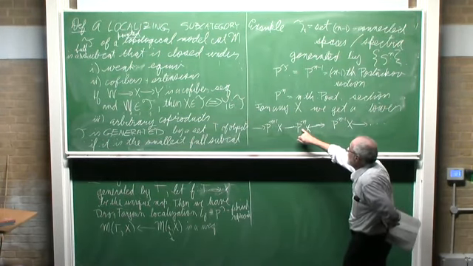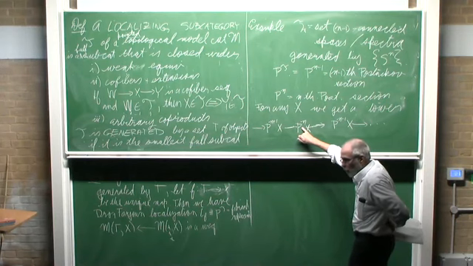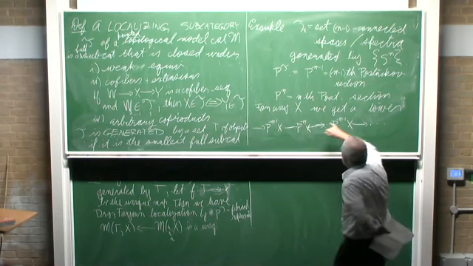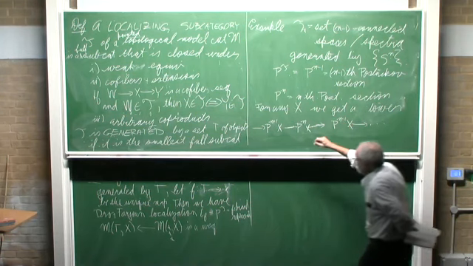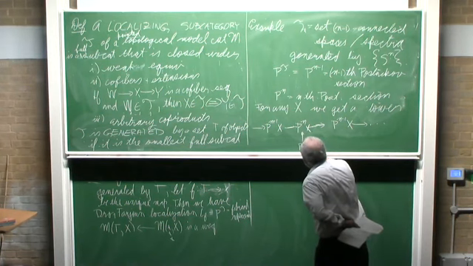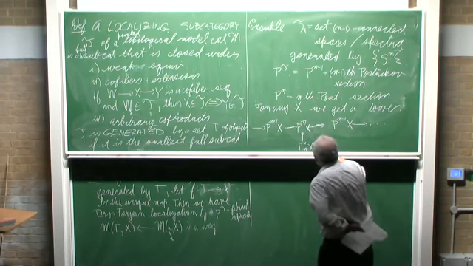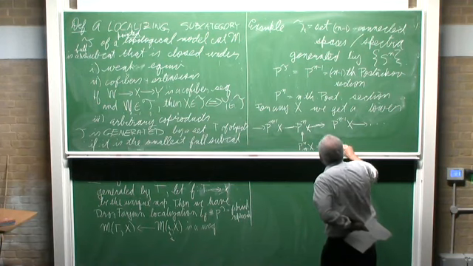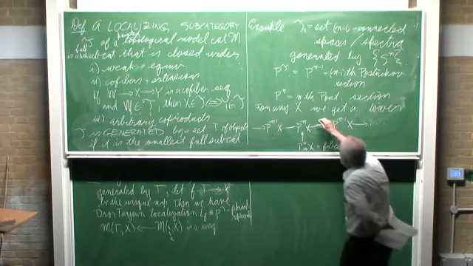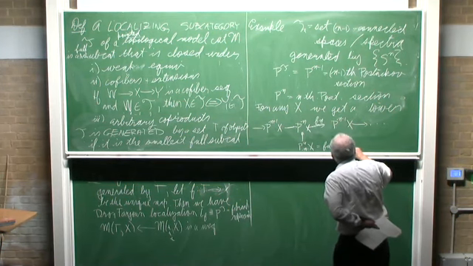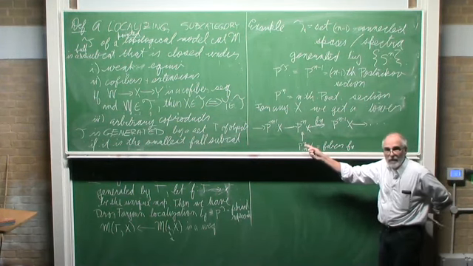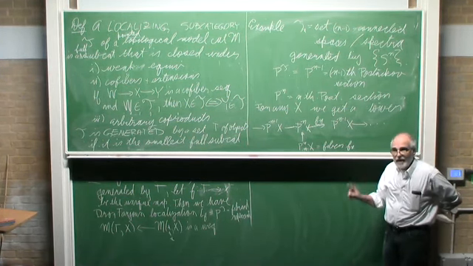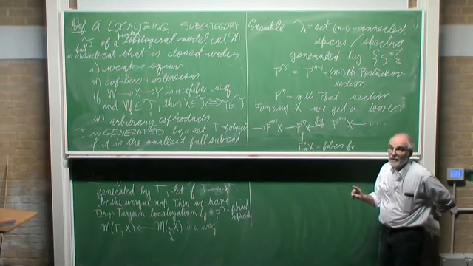This is the guy you get by killing all homotopy groups above dimension n. This is all homotopy groups above dimension n minus 1. And the difference between the two, I'm going to call this. This is by definition the fiber of that map. So in the example at hand, this is going to be an Eilenberg-MacLane spectrum that captures the nth homotopy group of X. It has one non-trivial homotopy group, the nth homotopy group of X.